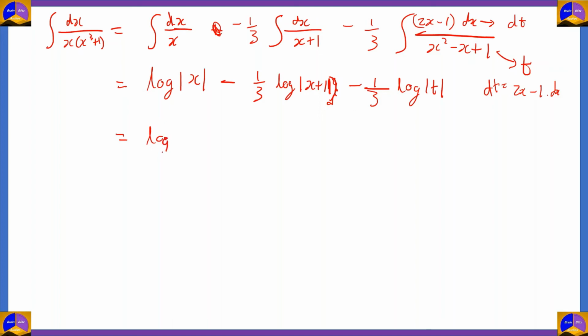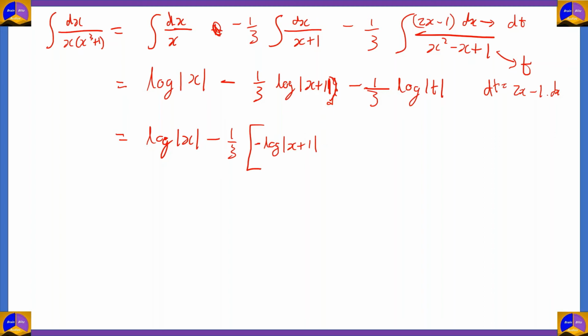So we have log mod x. And then let's take minus 1 by 3 common. We will have log mod x plus 1, and minus log mod x plus 1.